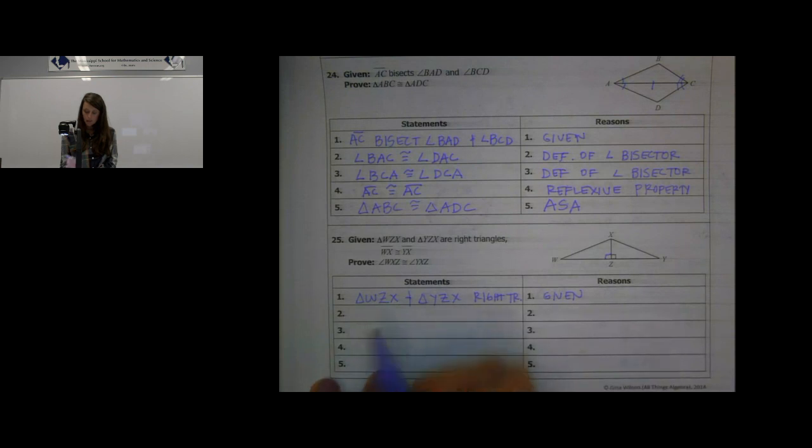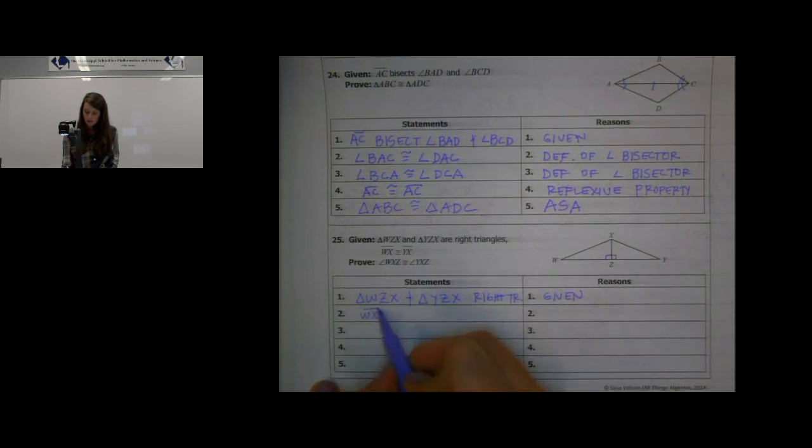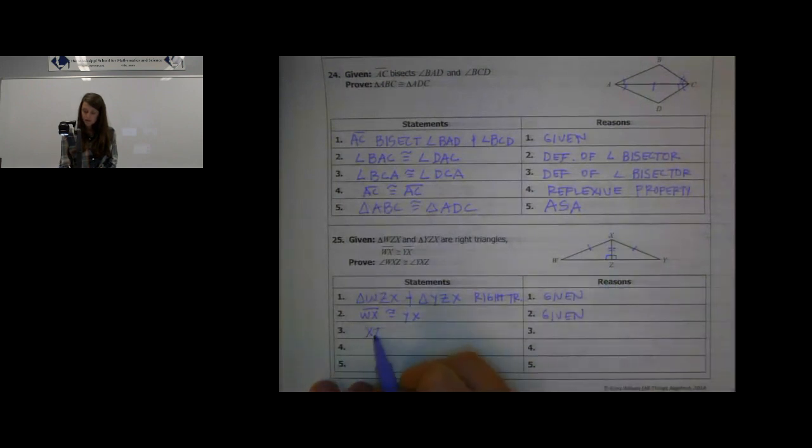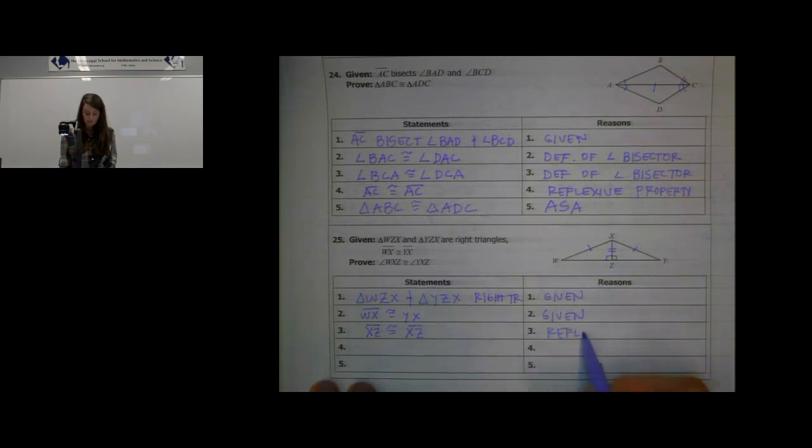That means they're right angles, so it's 90 degrees inside there. Also, WX is going to be congruent to YX. That's given. They share the same side, so XZ is going to be congruent to XZ. That's the reflexive property. They're sharing that side.